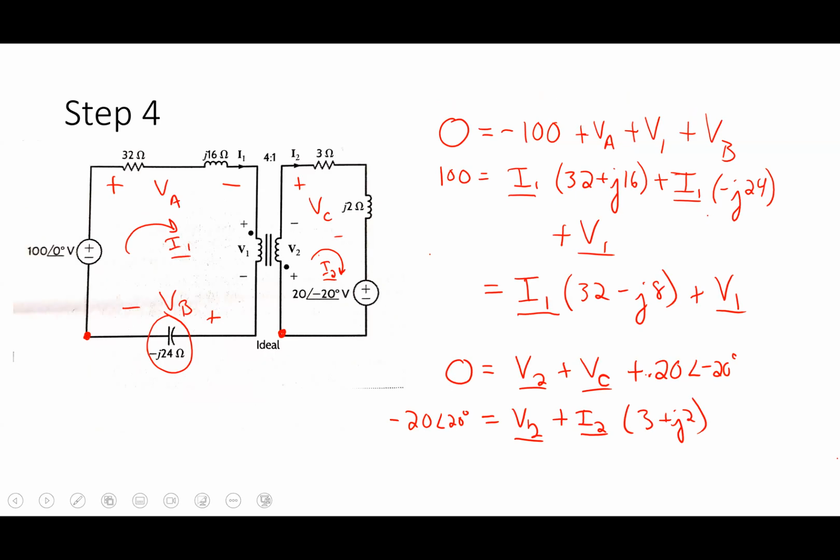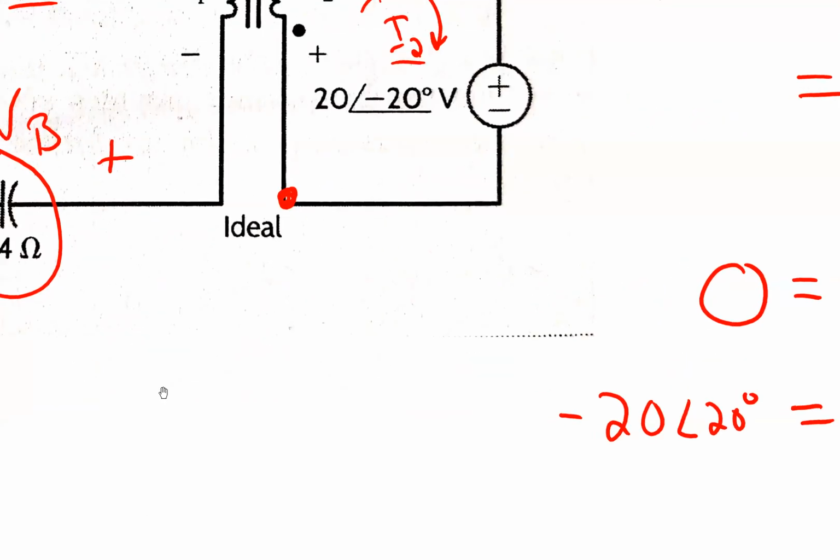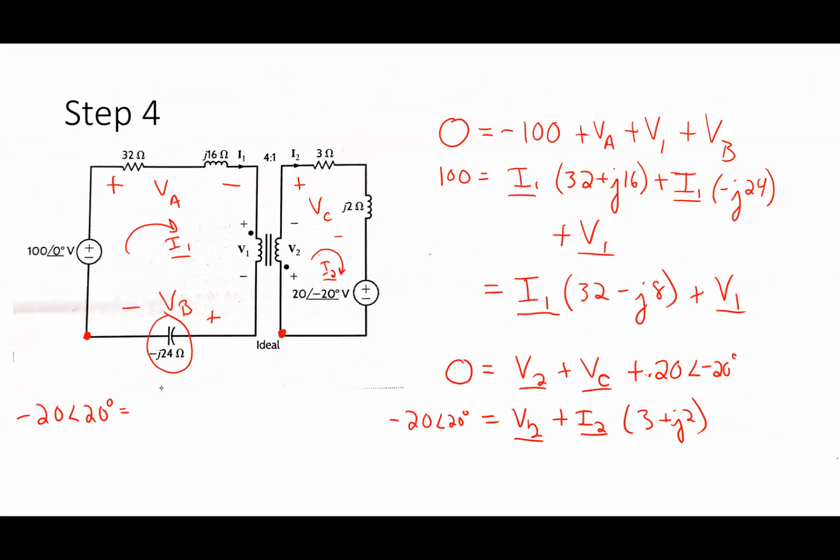So I'm going to use that in this equation here to say I'm going to have negative 20 angle 20 degrees equals, instead of saying V2, I'm going to say this is V1 over 4.